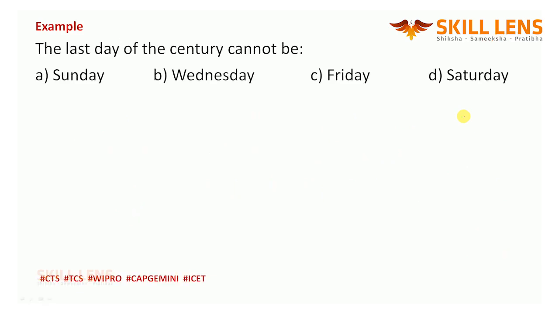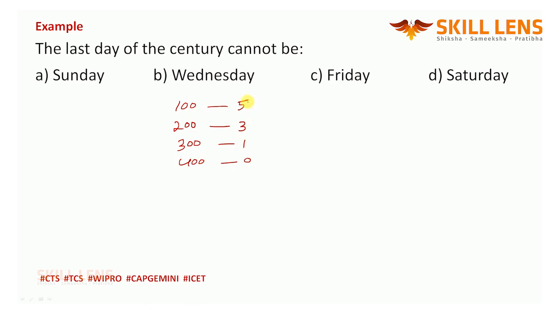Next example, this is very, very important. The last day of the century cannot be... Guys, if you closely observe in the first video, the first 100 years will have 5 odd days, 200 years will have 3 odd days, 300 years will have 1 odd day, and 400 years will have 0 odd days.